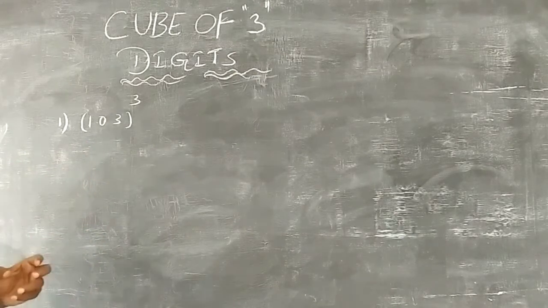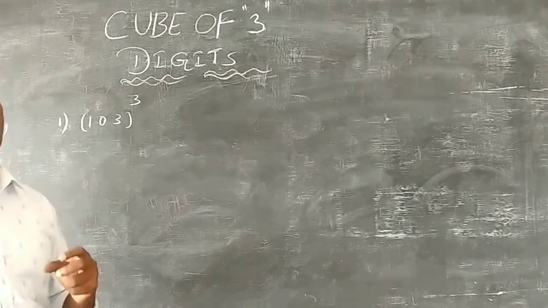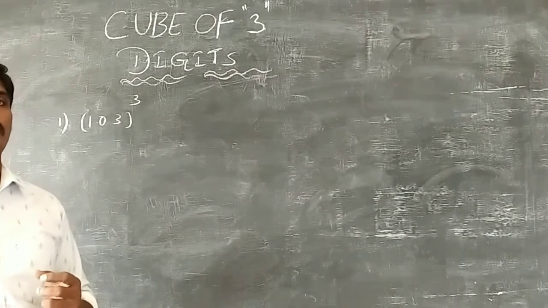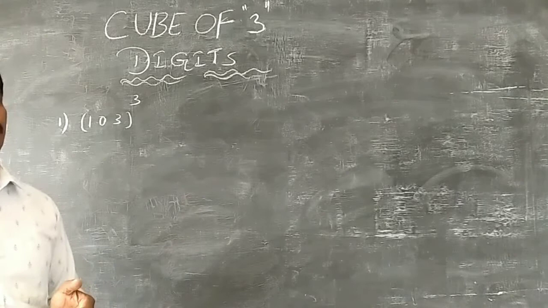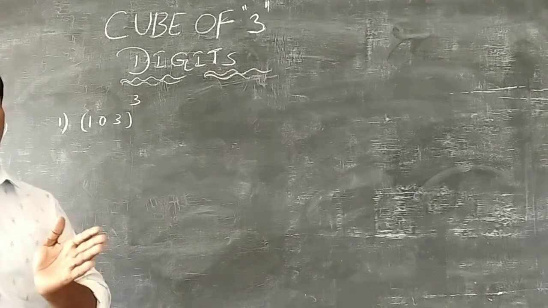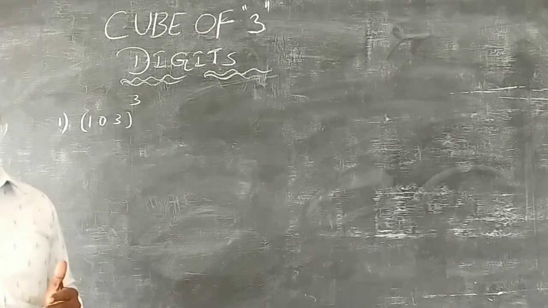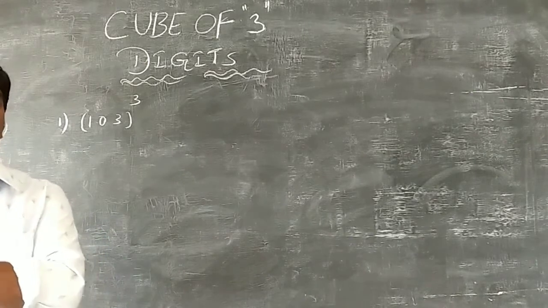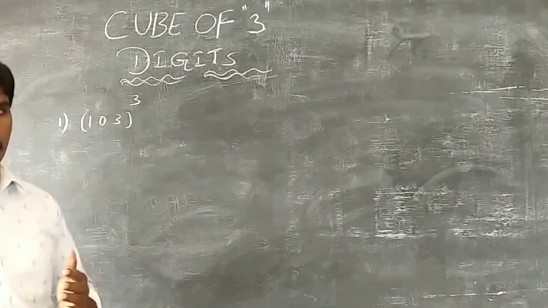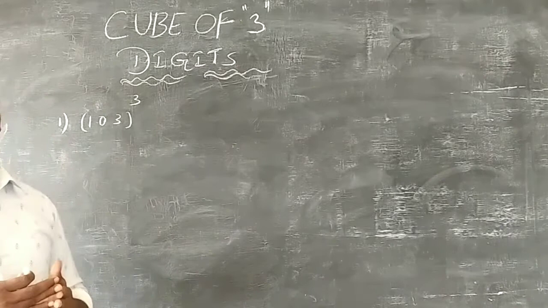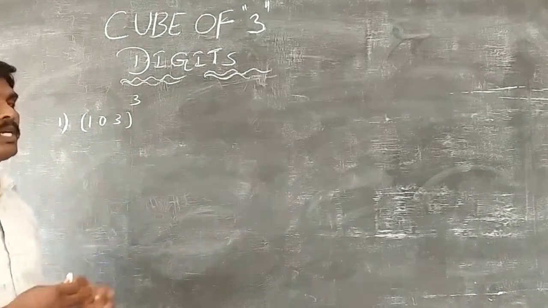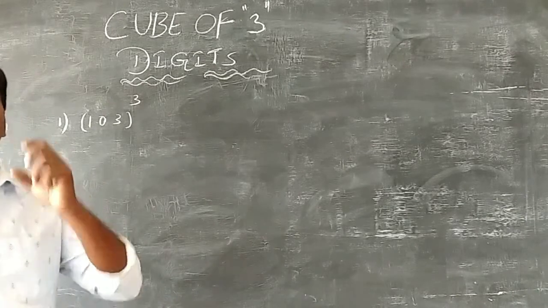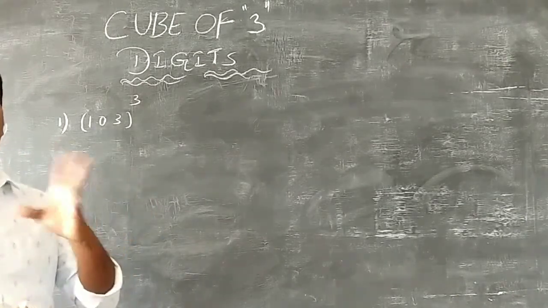While finding the cube of any 3-digit number, there are algebraic identities like (x plus y) whole cube is equal to x cube plus y cube plus 3x square y plus 3y square x. Generally students apply those formulas, but instead of that, by using this shortcut we can find the cube of a 3-digit number very easily.